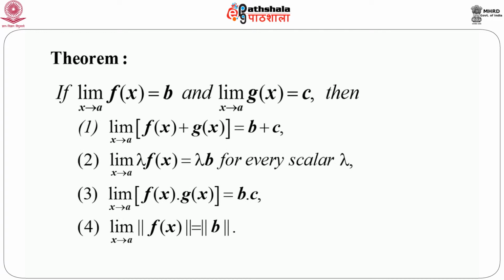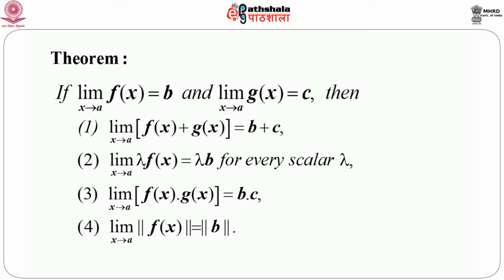Then it is easy to show that limit as x tends to a of f(x) plus g(x) is the sum of the two limits, that is b plus c. At the same time, limit of lambda times f(x) equals lambda times the limit of f(x) as x goes to a, that is lambda times b, for every scalar lambda. Similarly, the limit of the product of two functions equals the product of the limits.